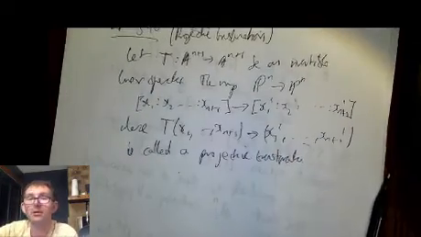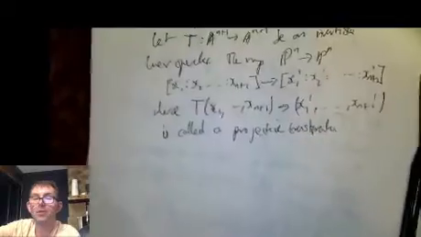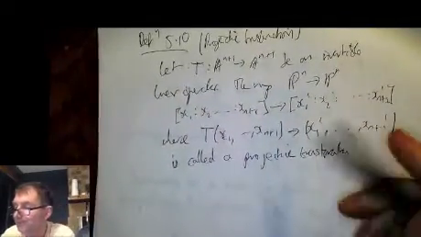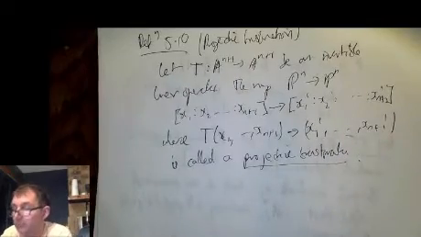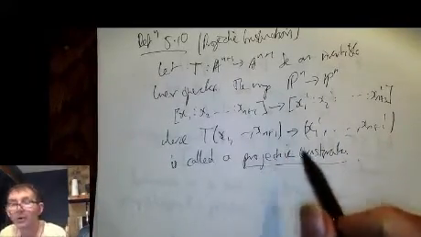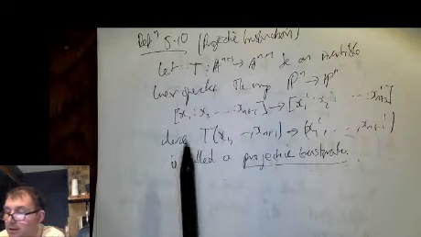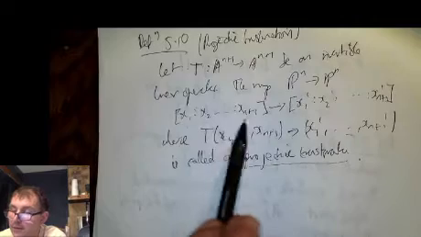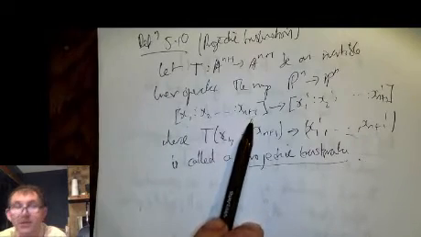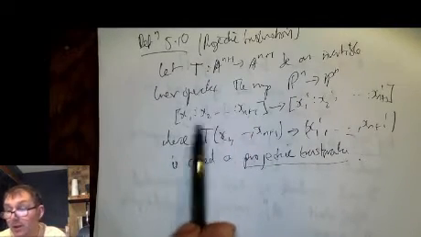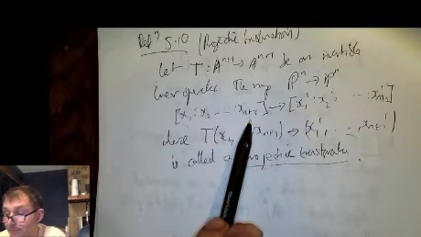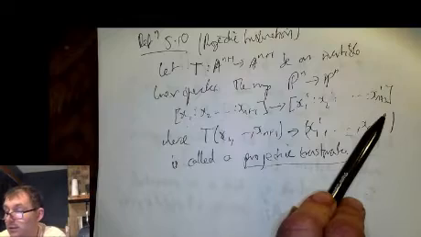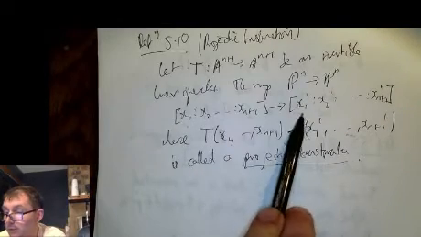One should check that this is well defined. So if I take another representative of the same line, that would be a scalar multiple of this, it does go to a scalar multiple of this.